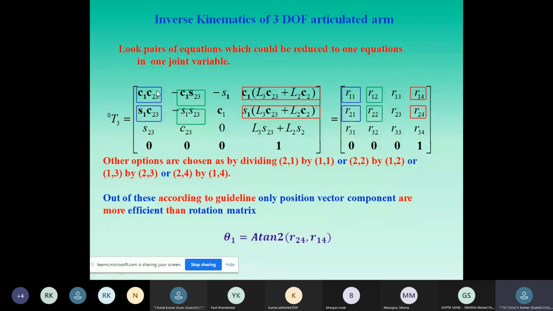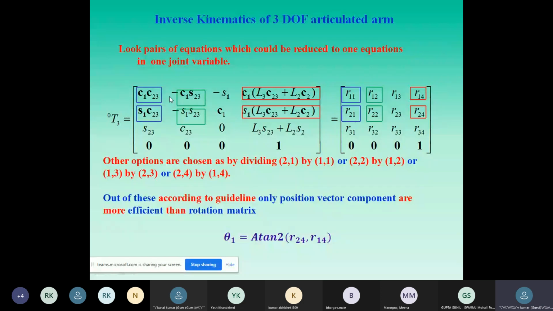If we divide these two equations, C1 C23 divided by S1 C23 gives only tan theta 1, a function of R11 and R21.